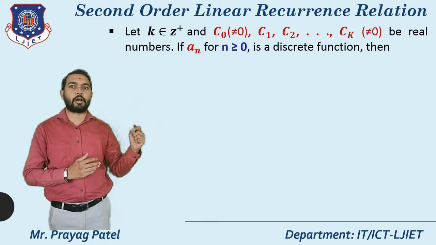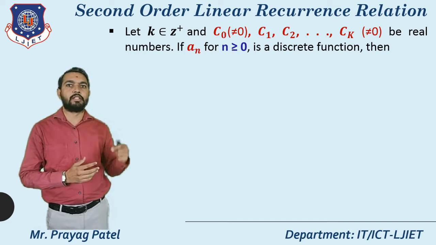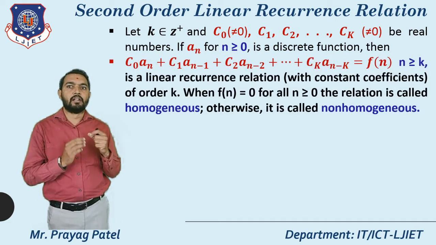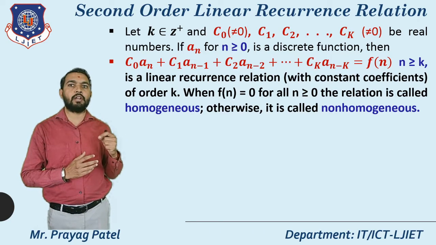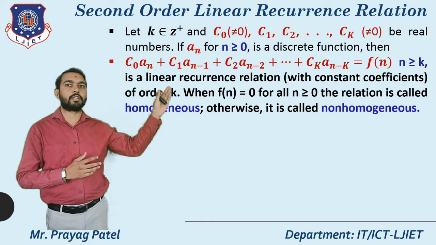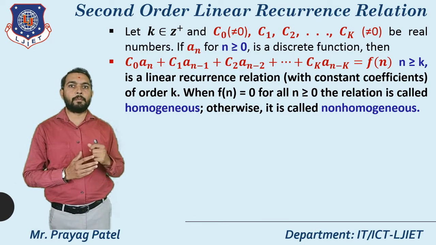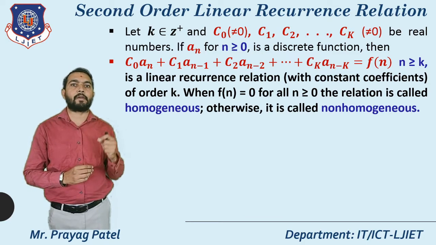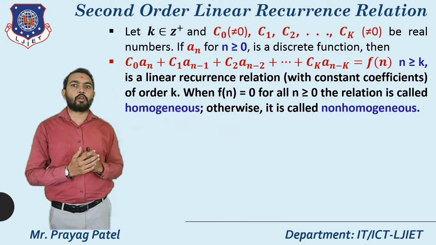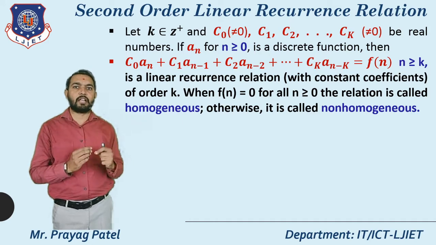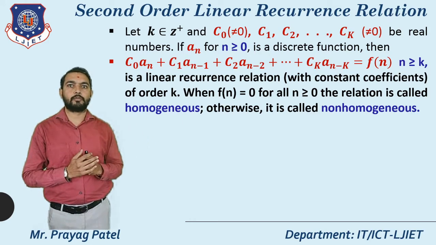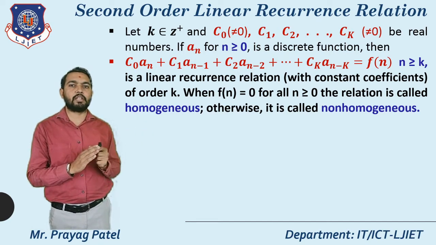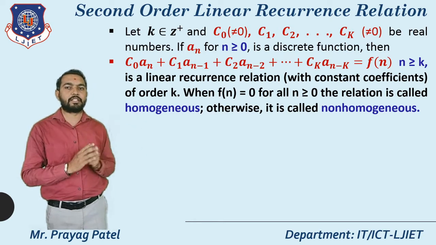If a of n for n greater or equal to 0 describes the function, then we represent this as C0 an plus C1 an minus 1 plus C2 an minus 2 up to Ck an minus k is equal to a function f of n, where n greater or equal to k, is a linear recurrence relation with constant coefficients of order k. So up to k, we represent this value, then our order is like this.